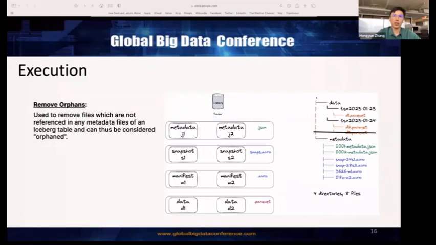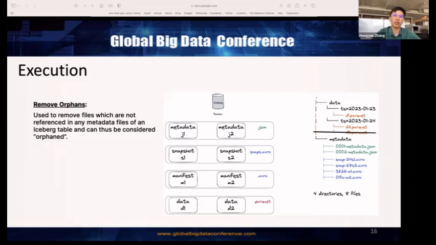As we can see on the diagram, there are only 8 files tracked by Iceberg metadata, but we found 9 files on the file system. So this particular d3.parquet file is what we consider an orphan here and should be removed by our operations. Given that, the more data files Iceberg tracks in a table, the longer it takes for orphans to be removed.